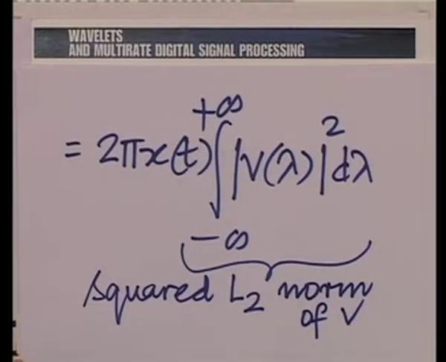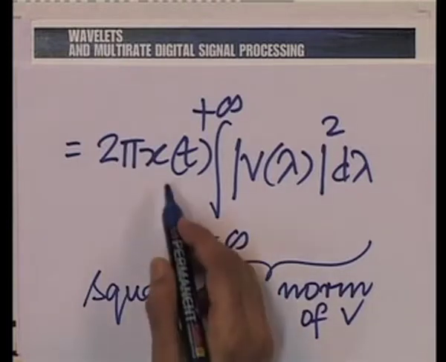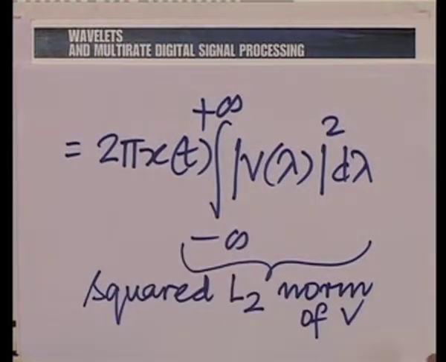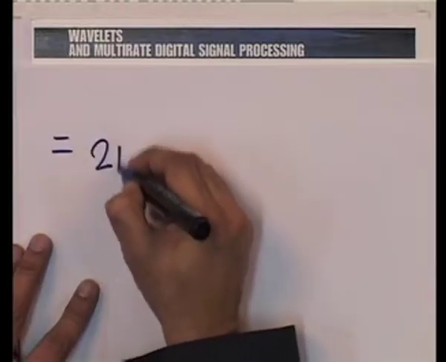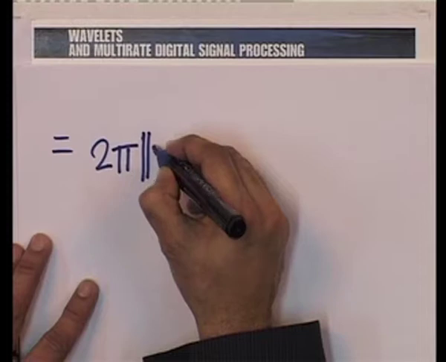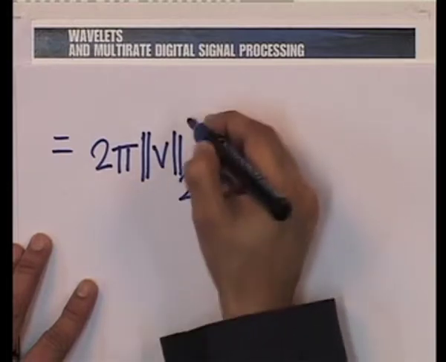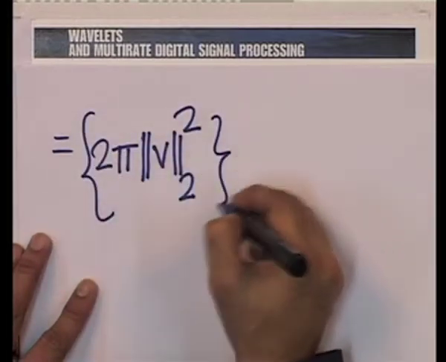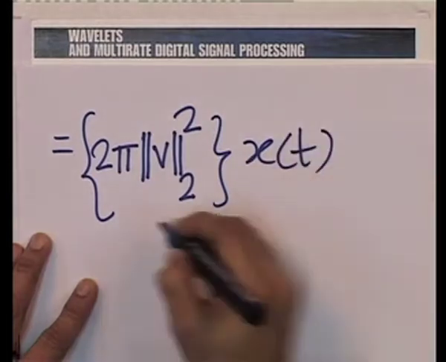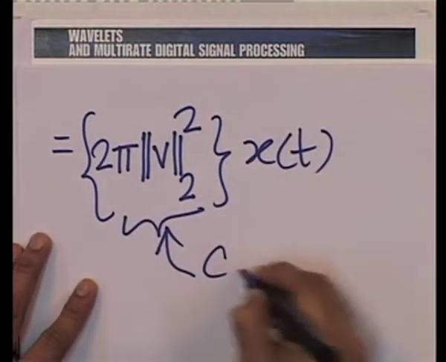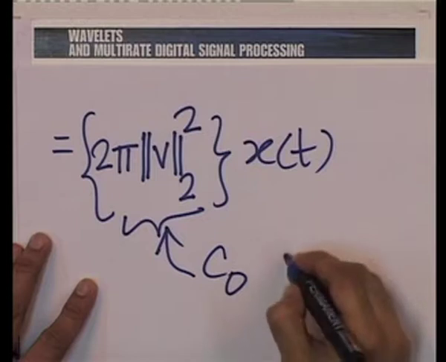So, we are in very good shape. It is very clear that this reconstructs x t to within a constant. So, this is essentially equal to 2 pi norm in L2 of v the whole squared times x t, and this is the constant C 0 that we desired.